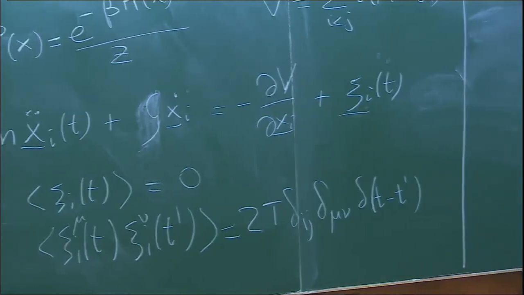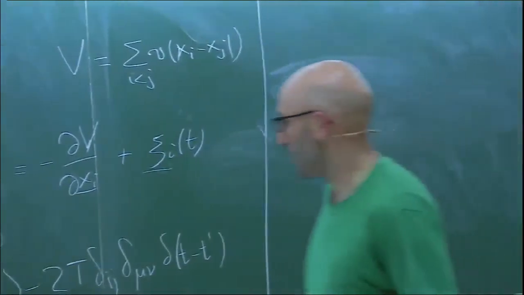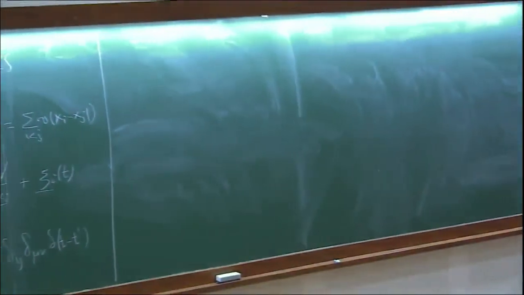Solving the problem means I want to be able, for example, to compute correlations, such as the mean-square displacement of these particles. This is in equilibrium. So at t equals 0, I start with the Gibbs distribution, and this equation is known to keep the equilibrium.